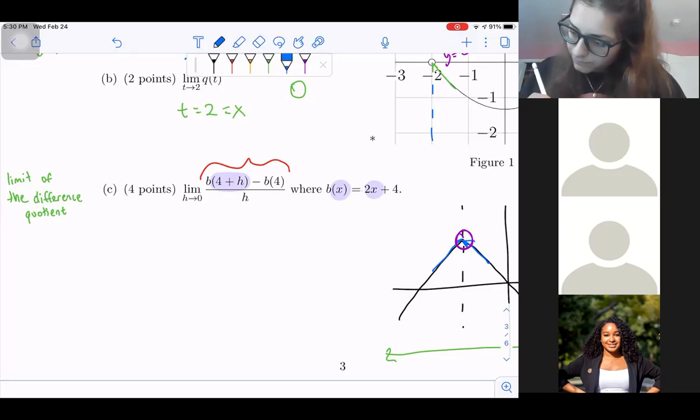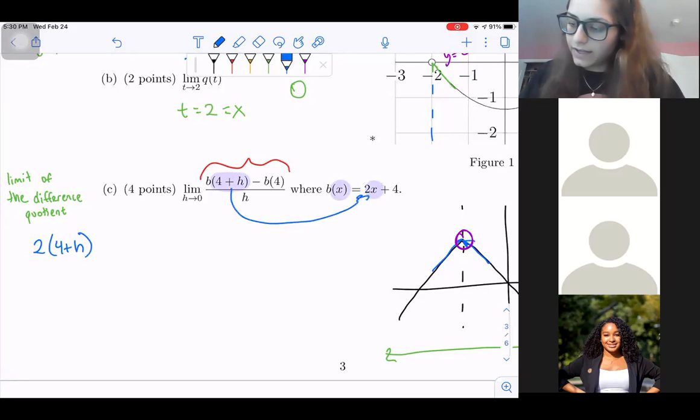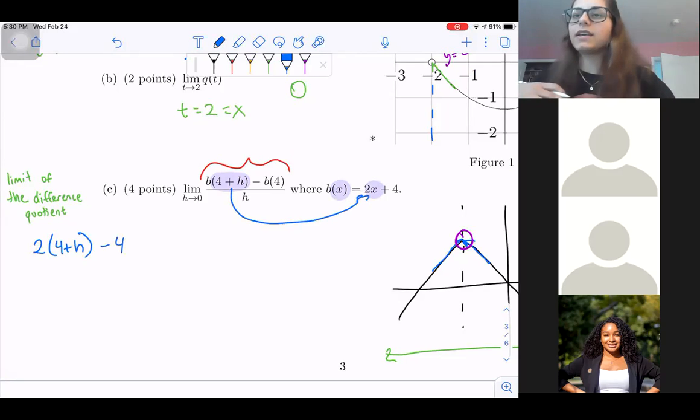So we'll have 2 times 4 plus h, replacing that x right there, and then minus 4. That will give us b of 4 plus h. And then we're going to do minus b of 4.